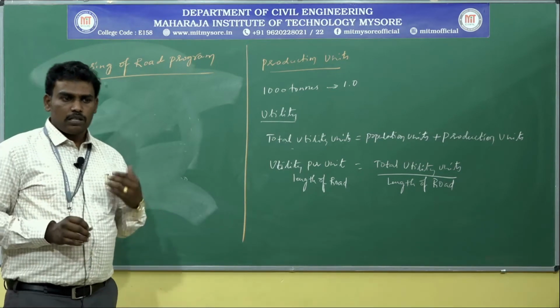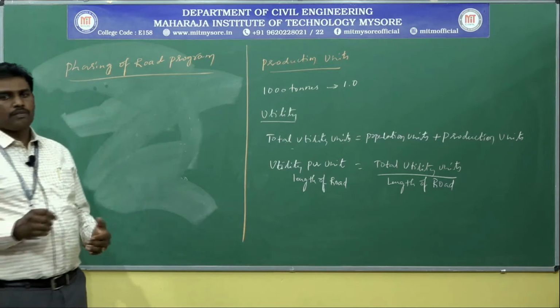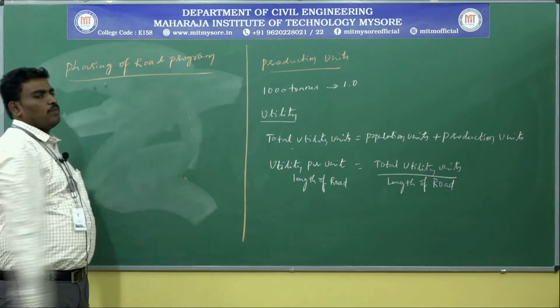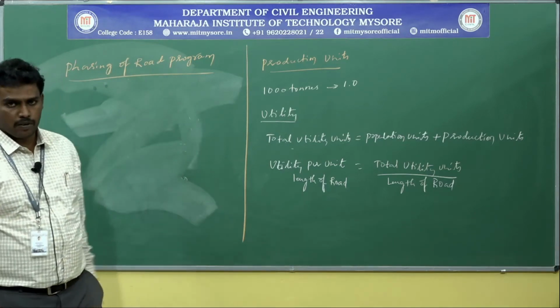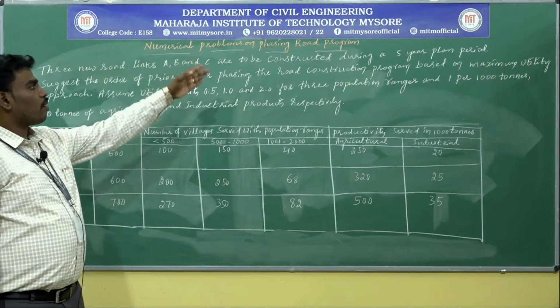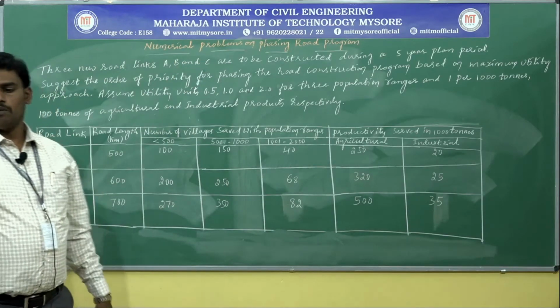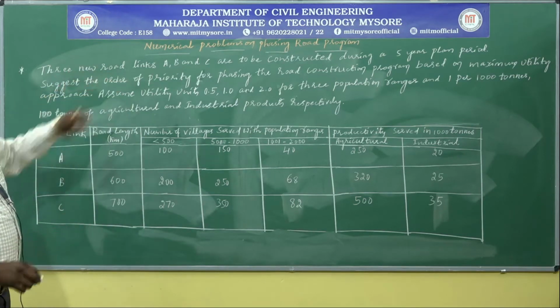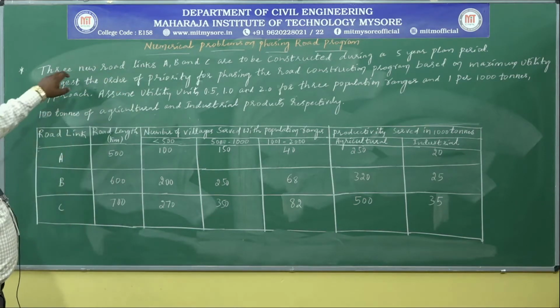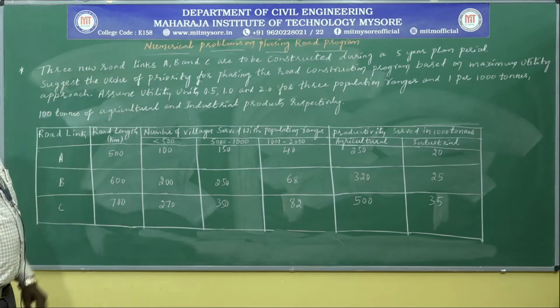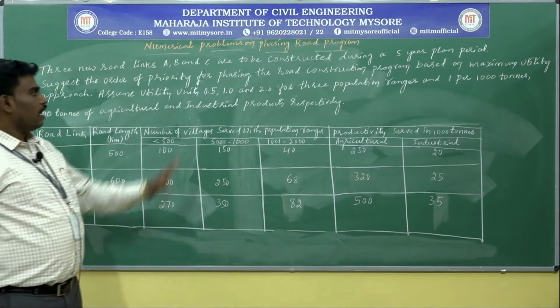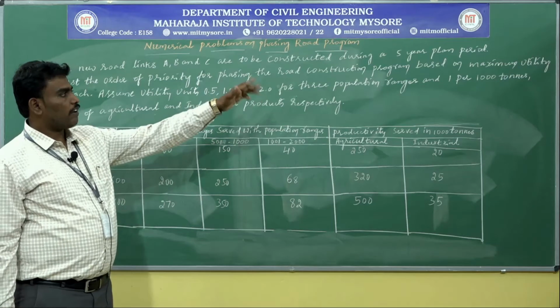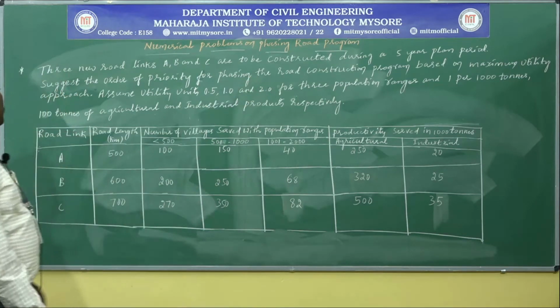Okay. So now I will move on to the numerical problems on pacing of road program. These are simple problems. So observe here the problem statement. 3 new road links A, B and C are to be constructed during a 5-year plan period.